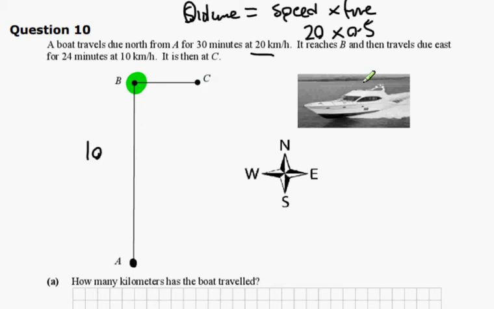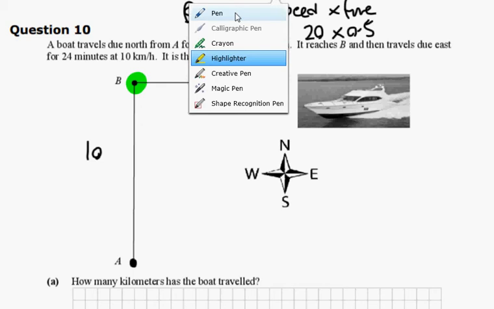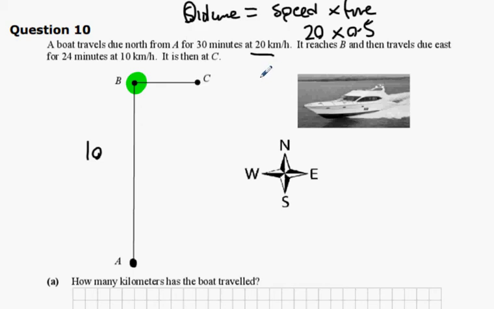Now, we then turn around for some unknown reason, and we're trying to get away from something. And then, for 24 minutes, we travelled at 10 kilometers an hour. Now, this one's more difficult, because this time the speed is 10, but it's not half an hour, is it? So it's a more awkward number. So any idea what fraction I could use there?